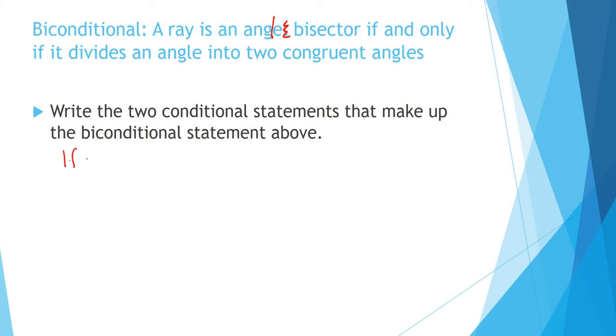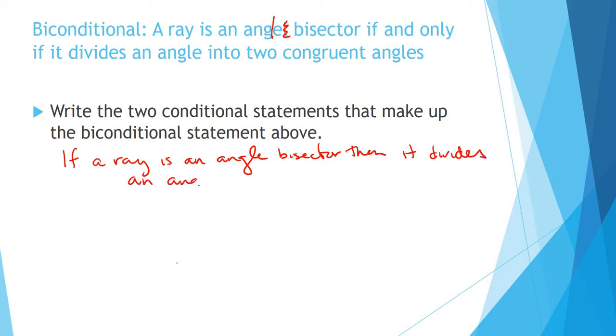Okay, so I wrote, if a ray is an angle bisector, then it divides an angle into two congruent angles.